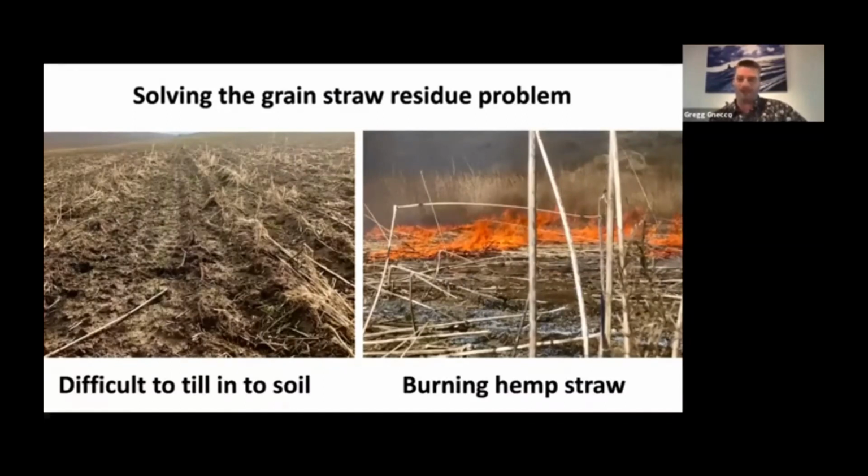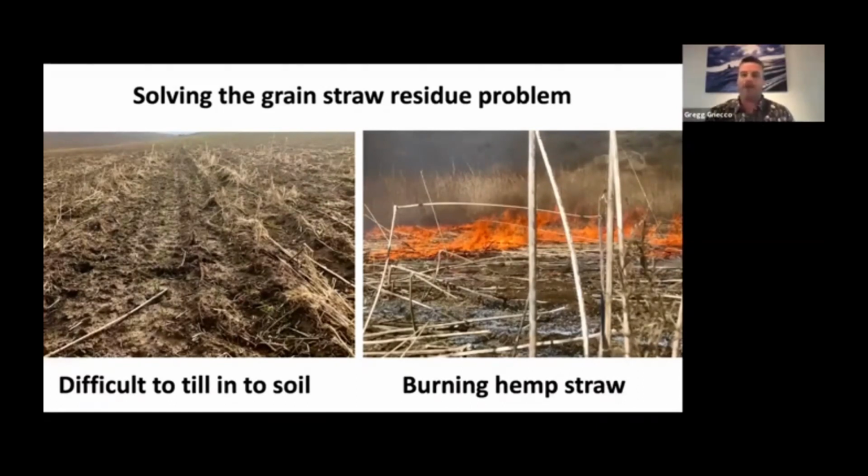As you're very aware, it's the strongest fiber in the world, great for making products, but really difficult for farmers to deal with. It's difficult to till into the soil. And a lot of people don't talk about it, but there's a lot of hemp that's burned off in Canada and other places. Hemp is great with all these carbon benefits, but if we burn the carbon back into the atmosphere, then it's not doing what it could be doing.